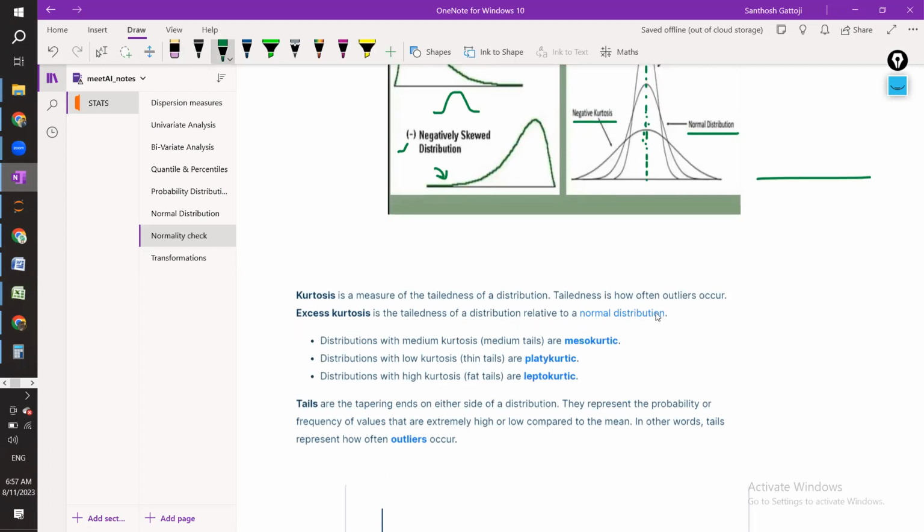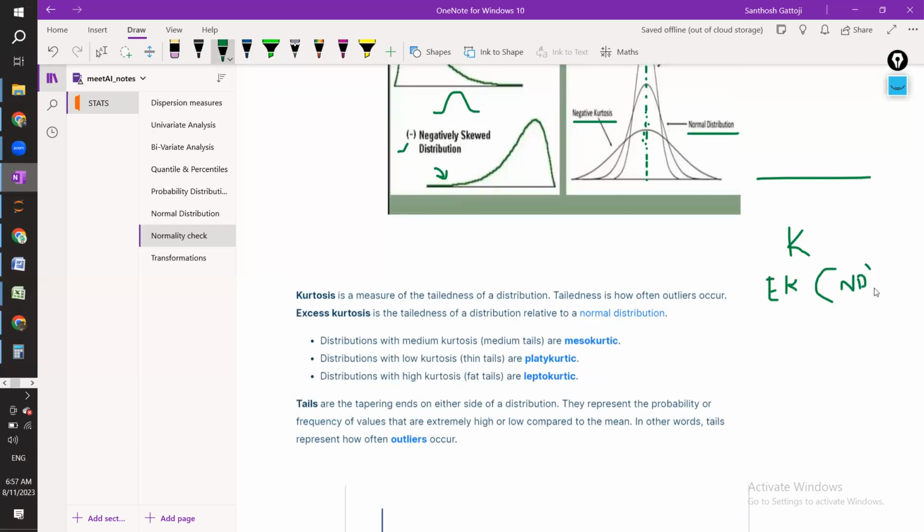Okay, so there are two things, guys. Regarding kurtosis, it's the same thing, but people have started measuring it in two ways. One is the actual kurtosis, and the second is excess kurtosis. Excess kurtosis is measured with respect to the normal distribution.